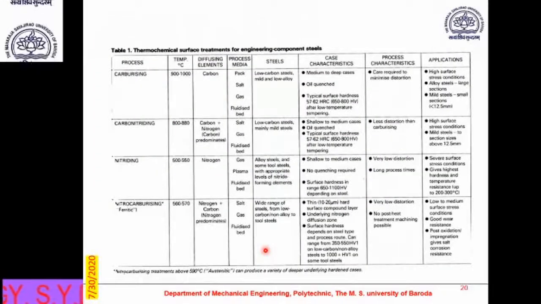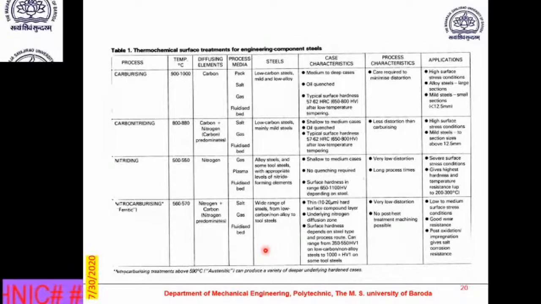Now you can have a quick look at a comparison between the process variables, characteristics, and applications of various surface heat treatment processes. Starting with the carburizing process, the temperature is 900 to 1000 degrees. What diffuses? Carbon is added on the surface.